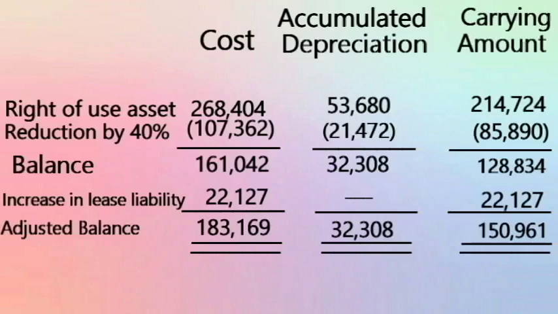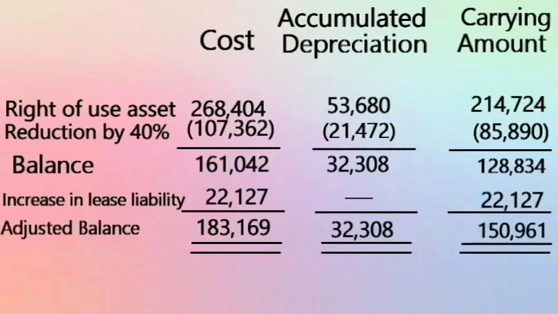Then, yung accumulated depreciation na 53,680 times 40% is equals to 21,472. Then, the carrying amount na 214,724 times 40% is equals to 85,890. So, itong reduction na to is i-deduct natin siya sa pinaka-cost sa kada column.